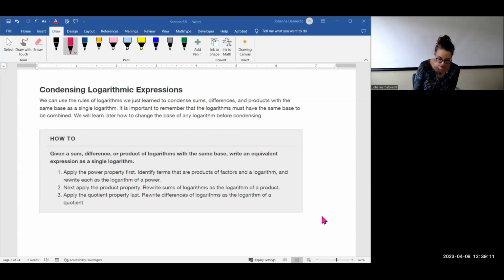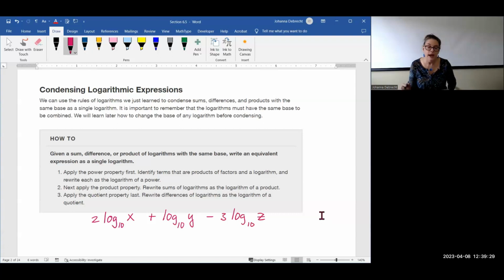So let's suppose that I had something that looked like, we'll use base 10, log base 10 of x plus log base 10 of y minus 3 log base 10 of z. Can I condense this, compress it back into a single logarithm?